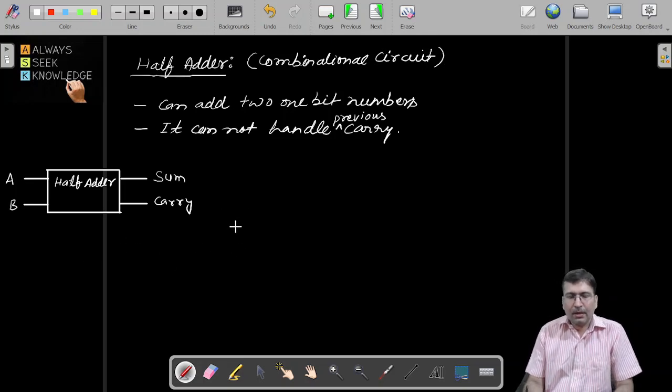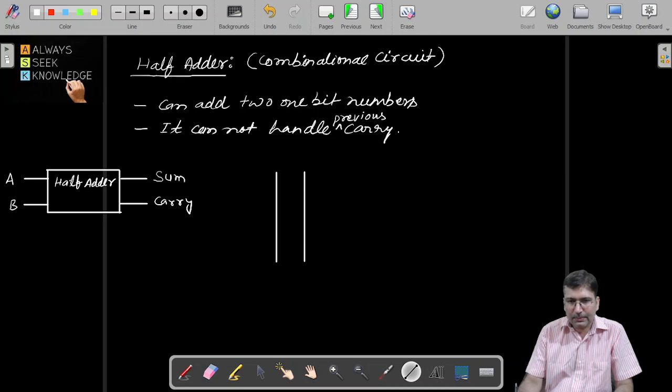Okay, now how does it work? So let's draw a truth table of the half adder. In the half adder, the truth table looks like this.